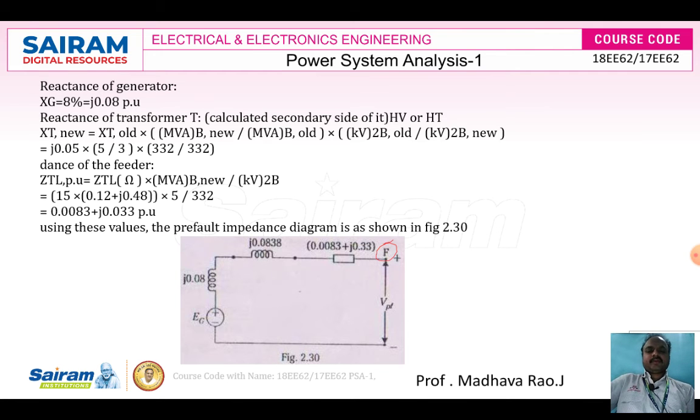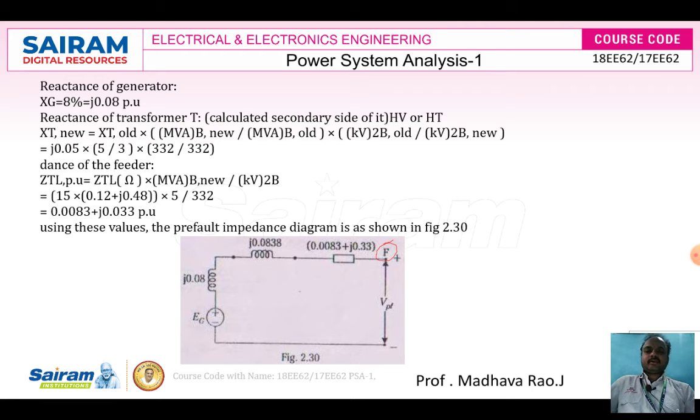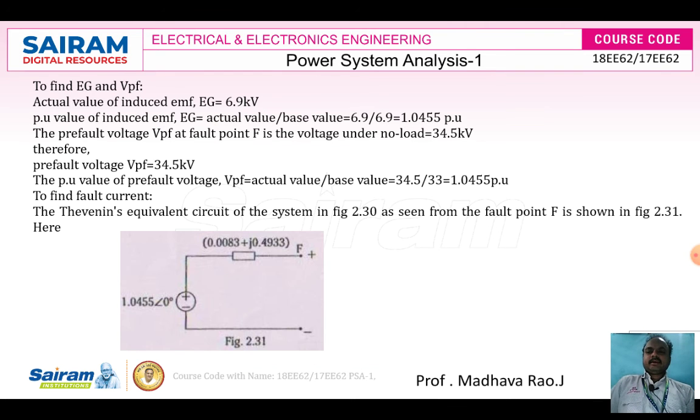To find the fault current, we need voltage and impedance. We need EG and the pre-fault voltage VPF. EG is 6.9 kilovolt actual value, so the per unit value is actual value by base value, which gives 1.045 per unit.